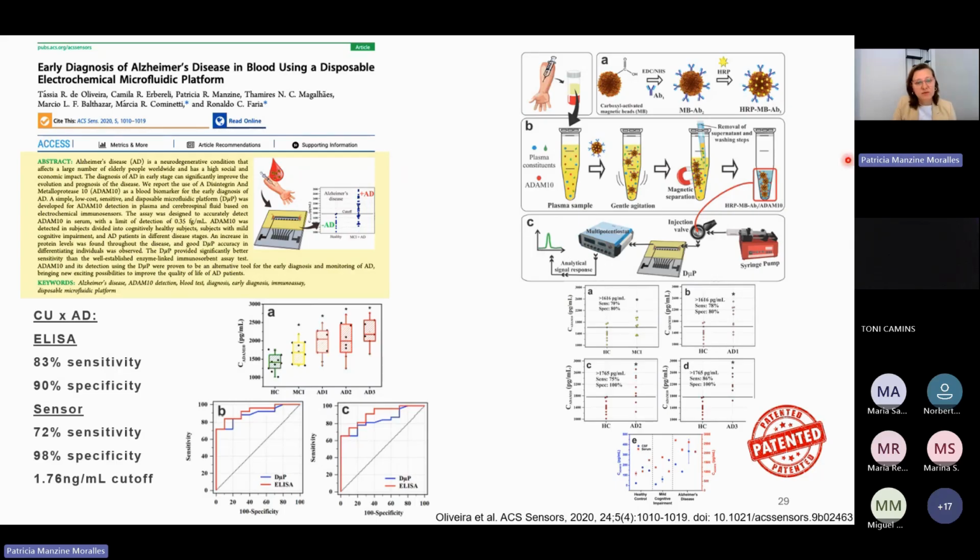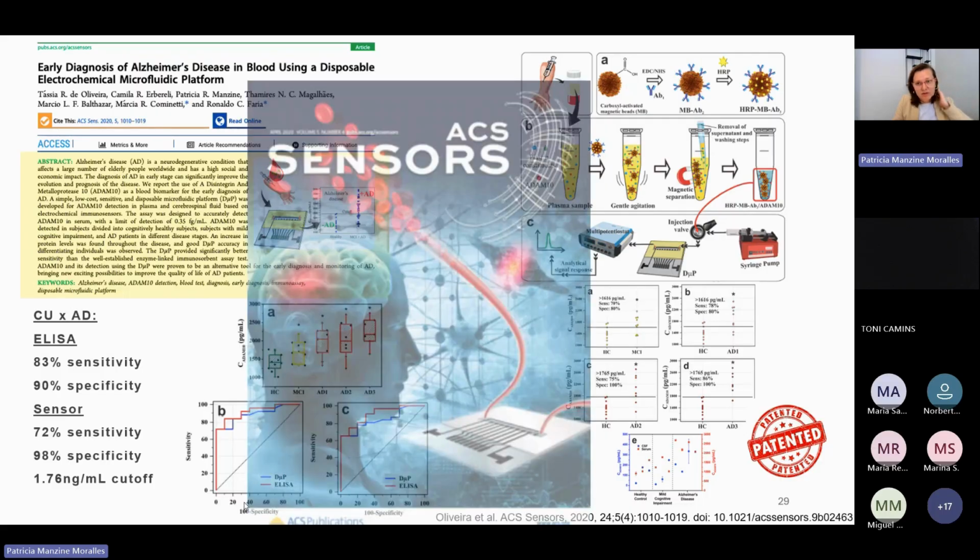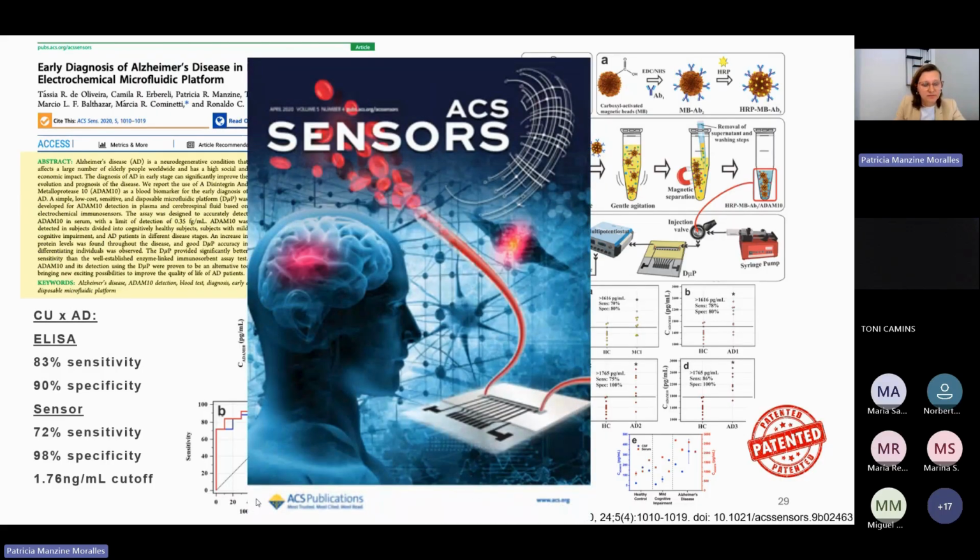This device that we invented had great impact and was also patented in Brazil as an important potential early diagnostic method for Alzheimer's disease. We're so proud of our work. We were on the cover of this edition.